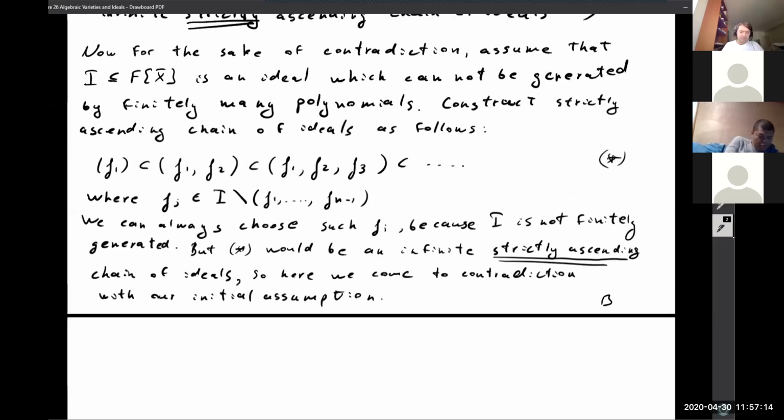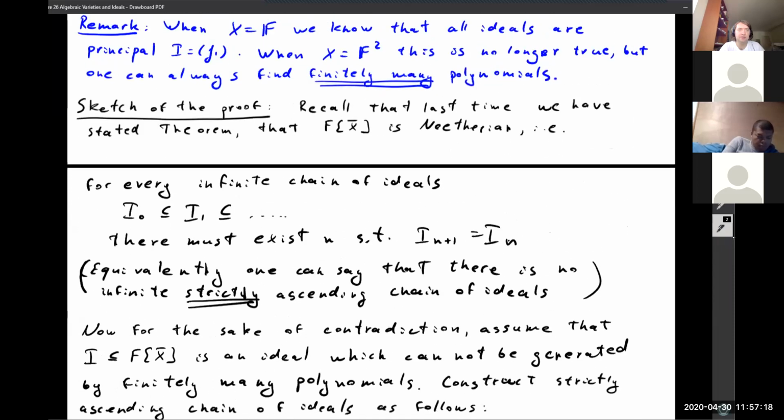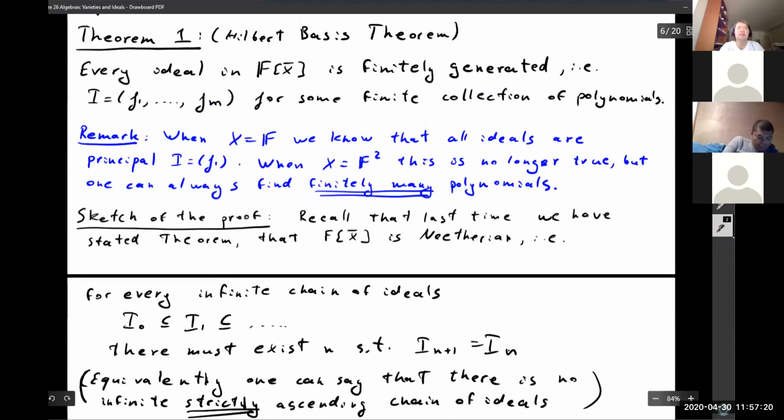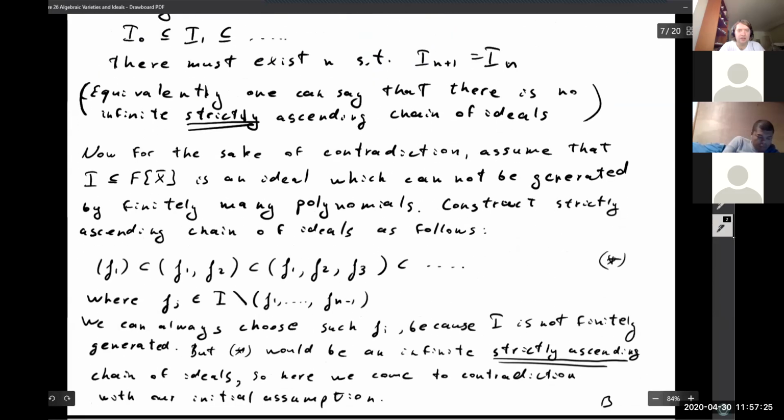So this is basically how the Hilbert basis theorem is proved: every ideal in F[x] is finitely generated. Okay, any questions so far about this?